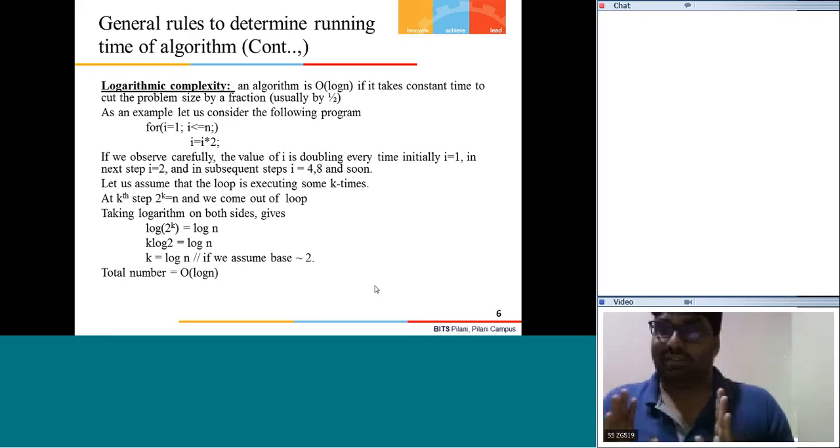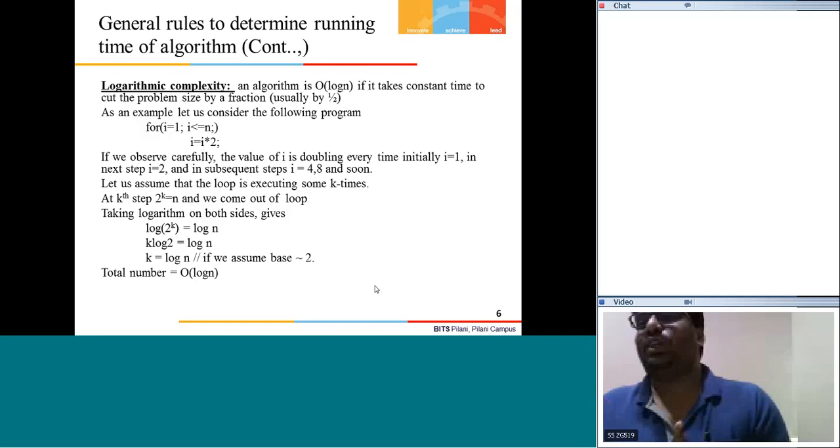If my input is n, how many of my elements will be visited by the for loop? All n will be considered or some portion of n? You are saying n by 2, okay, some portion. Technically half, right?